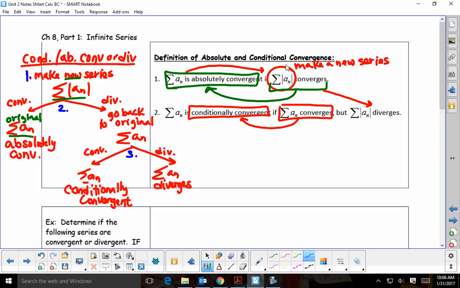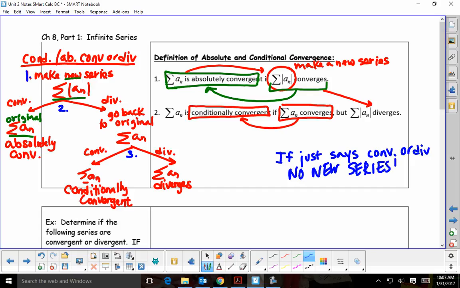Now, if it just says converge or diverge, do I have to create a new series or anything? No, you're basically already on step 2. So no new series, you just do what we've been doing.